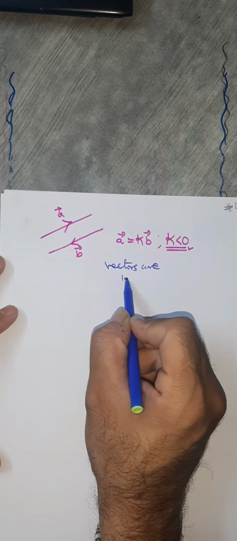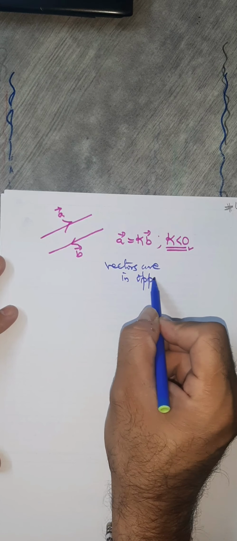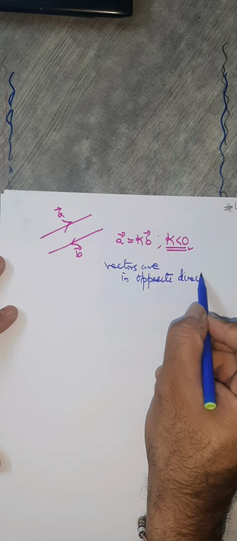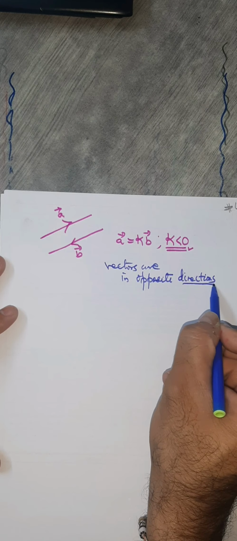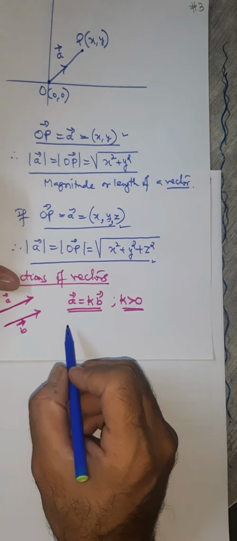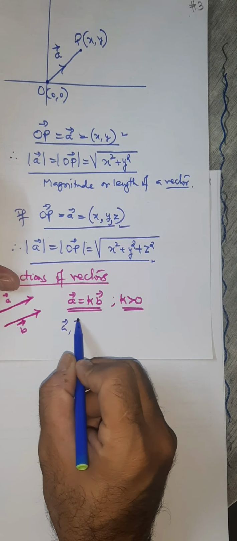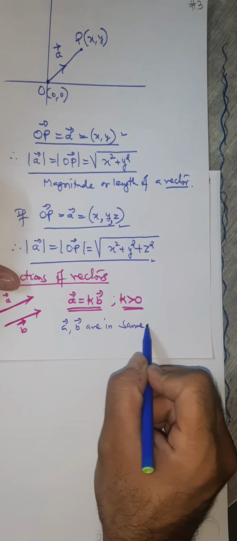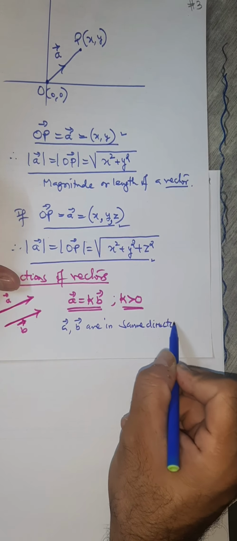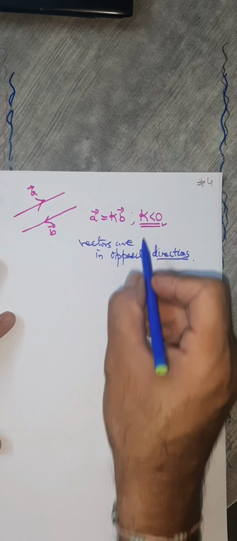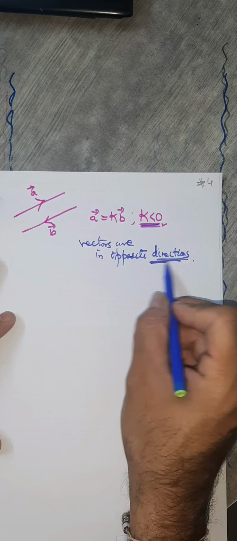In the previous case, vectors were in the same direction. Here, vector A and vector B are in same directions if positive multiples. Negative multiple, opposite direction, remember.